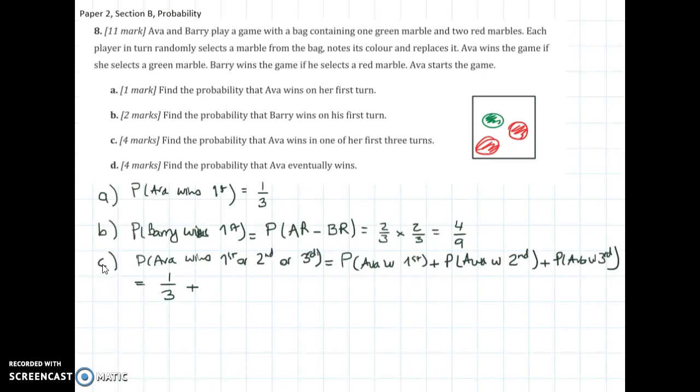For the second one, what we need to happen is first, Eva doesn't win, so Eva gets, sorry, not a green one, a red one. So that's going to have probability 2/3. But then what we need to happen is that Barry doesn't win either. So he gets a green one.